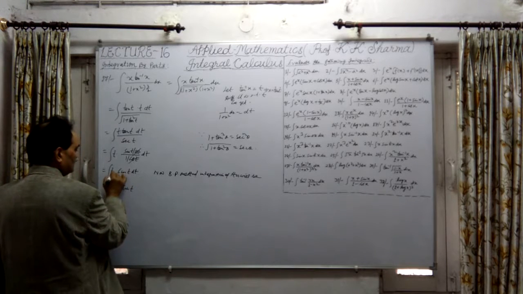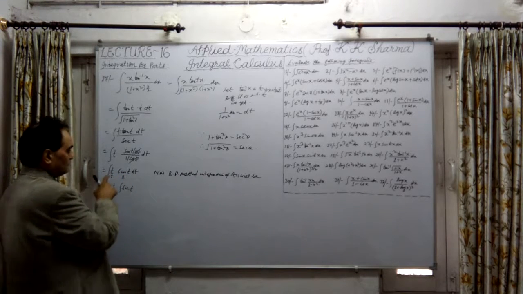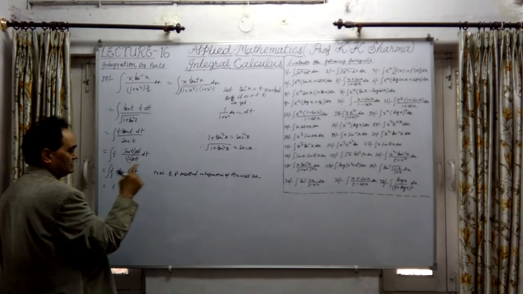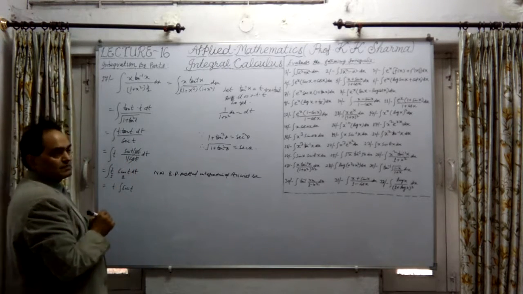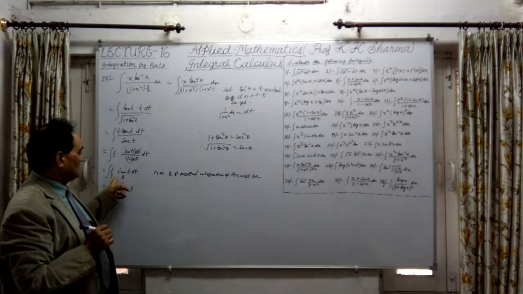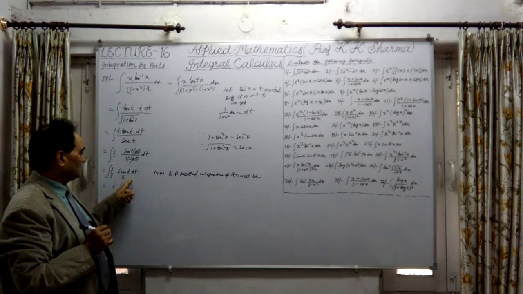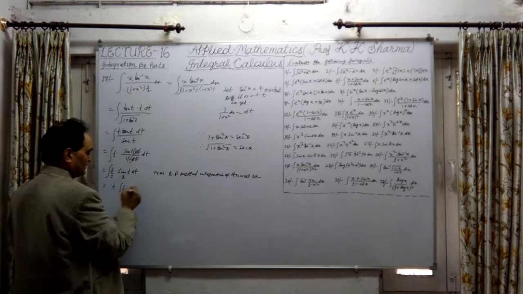In the ILATE method, I-L-A-T-E, algebraic function comes first and trigonometric function second. So the first function stays as it is, into the integration of the second.